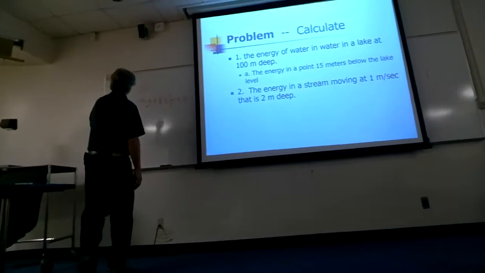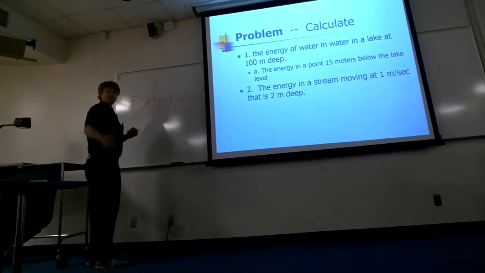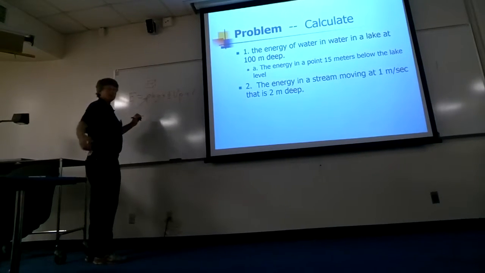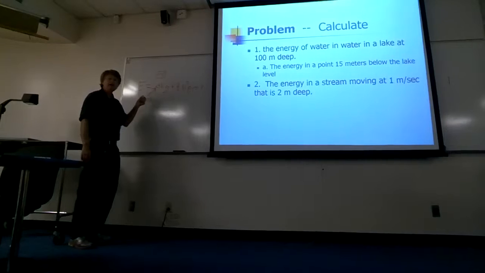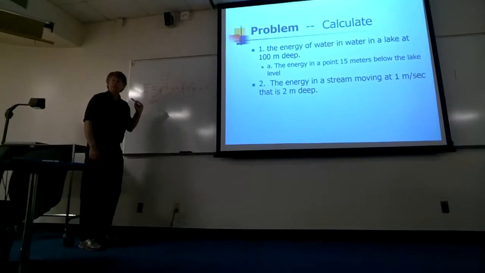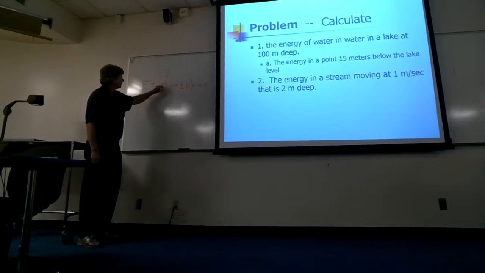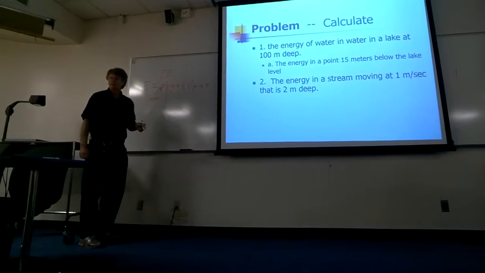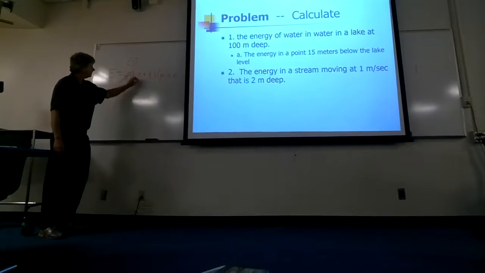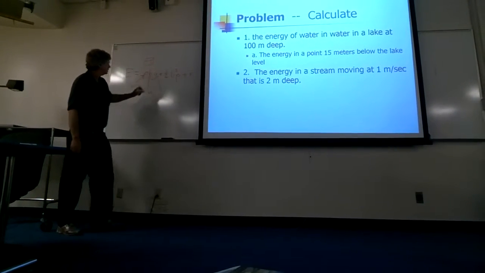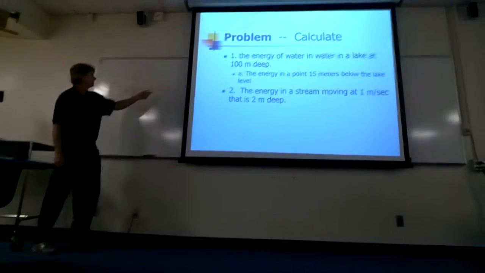First, what's this number here? Density of water. Yeah, which is? 1,000 kilograms per cubic meter. What's this? What's this? And what's this?